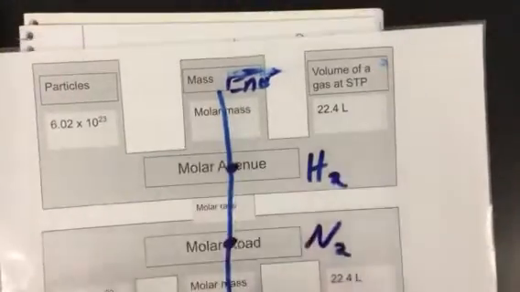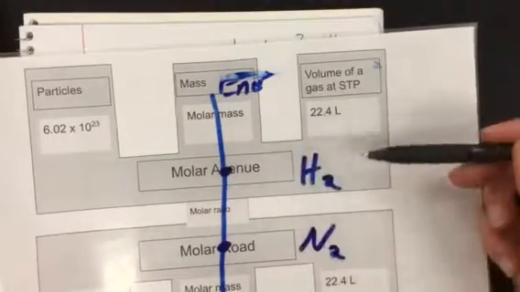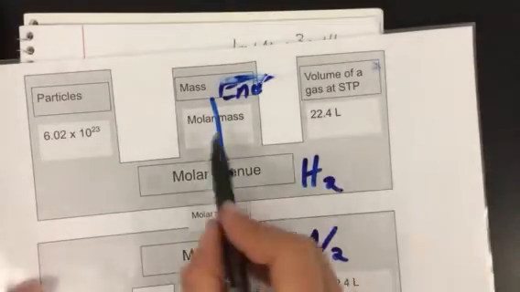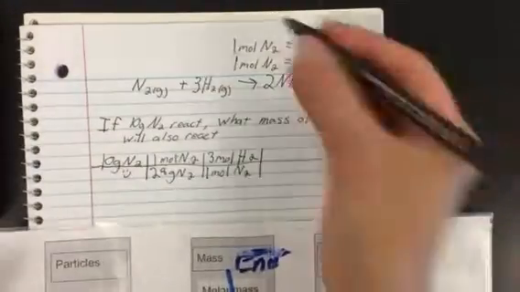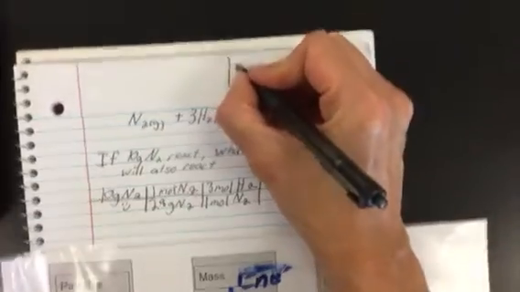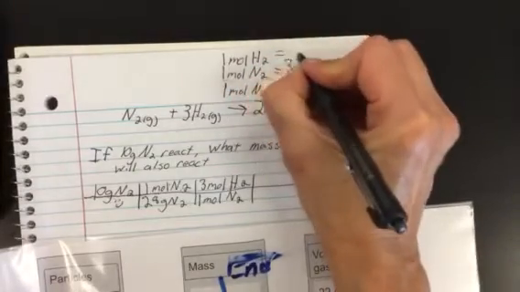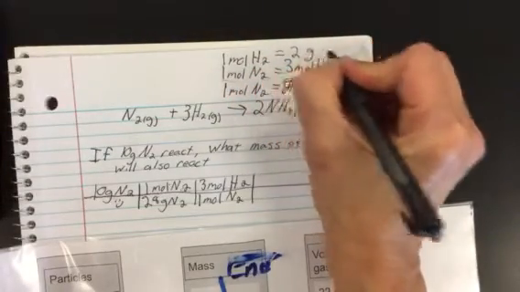Now we've made it up here to this molar ratio, and now I need to go from these moles of hydrogen to mass of hydrogen. So again, I'm going to need a molar mass for hydrogen, which again, 1 mole H2 is equal to about 2 grams H2.